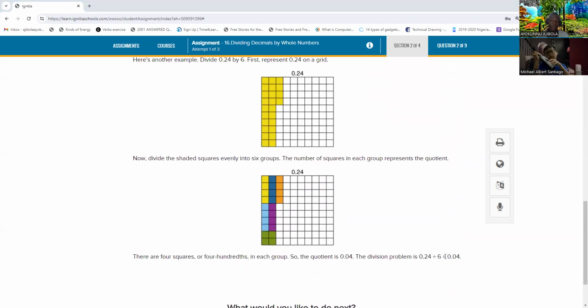Then that is 0.04. Is that clear? If you divide 24 into 6 groups, you have 4 in a group, and since one of it is a fraction of 100, then you have 0.04.